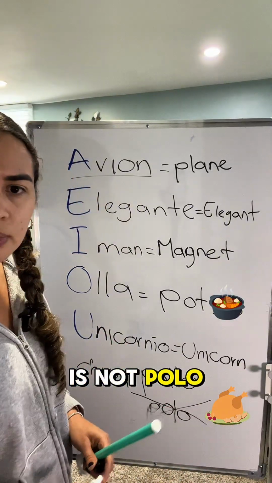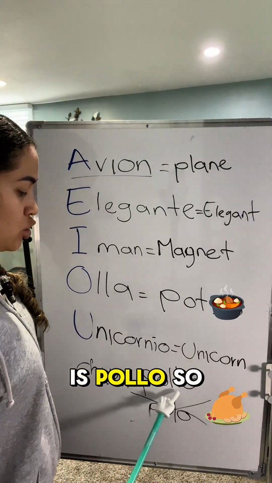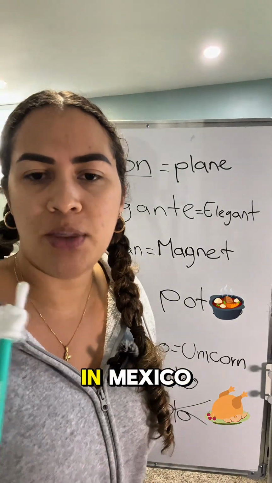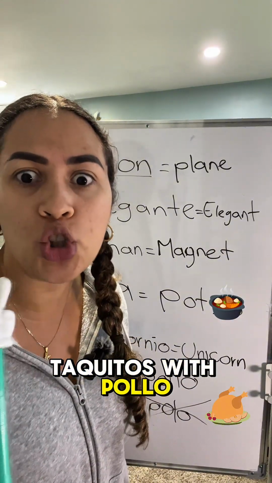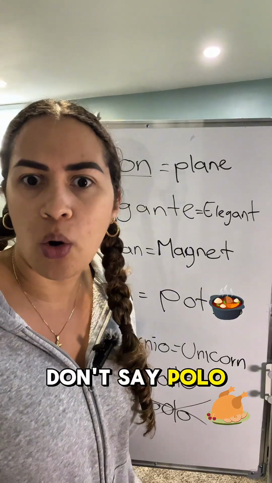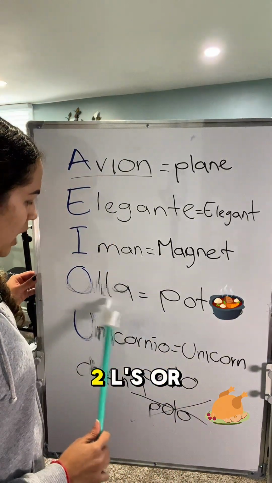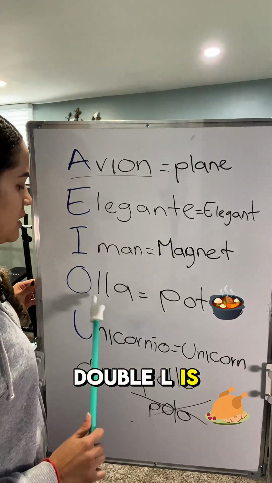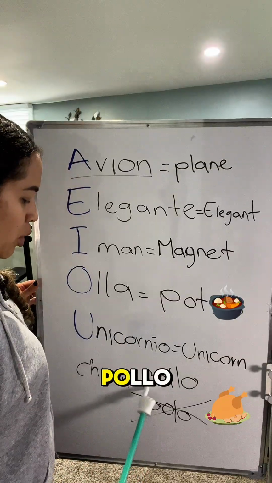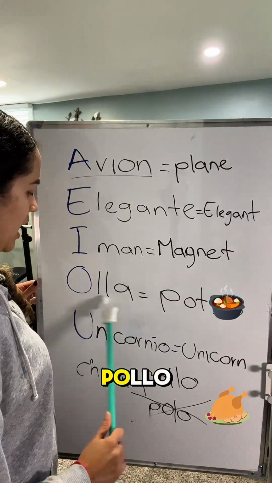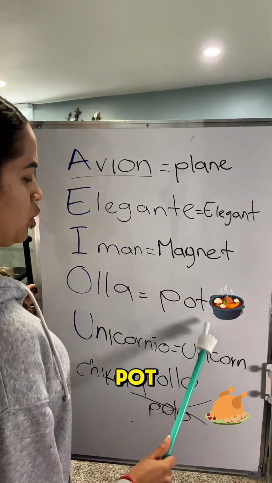It's not polo, okay? It's pollo. So when you go to a restaurant in Mexico and you want to say, I want my taquitos with pollo, don't say polo, okay? Pollo. Always when you say two L's or double L, it's a J sound. Olla. Pollo. Okay? Olla, pot.